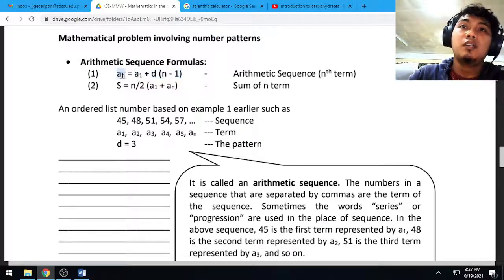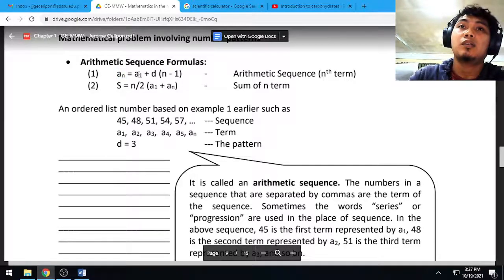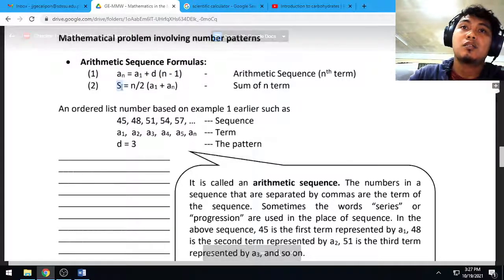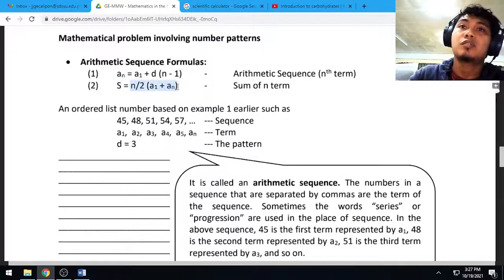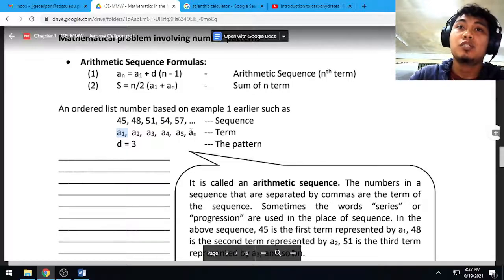Itong AN is just a representative of this equation. Itong S is just a variable of this whole. Dito, yung A ay ginagamit natin as representative dun sa term.